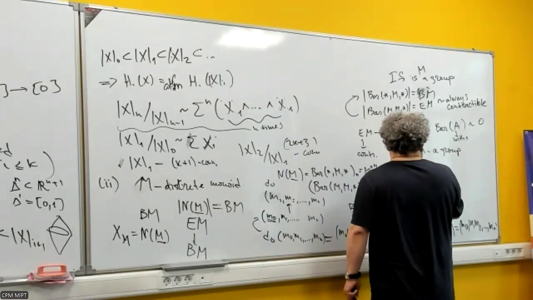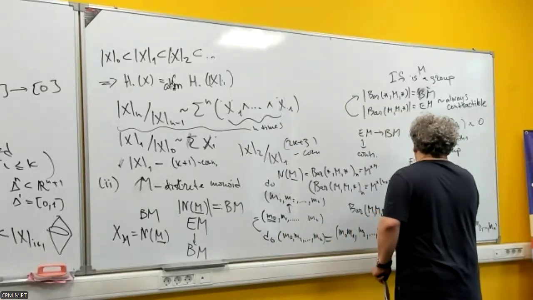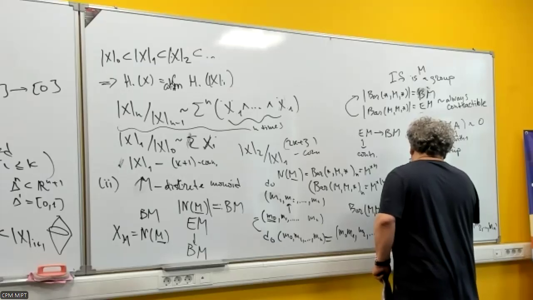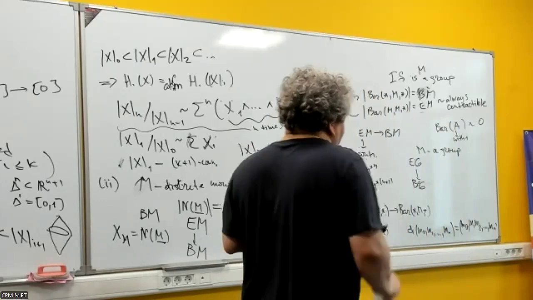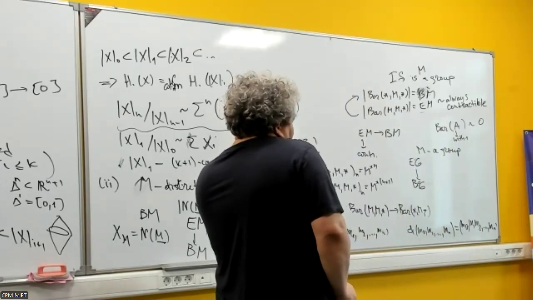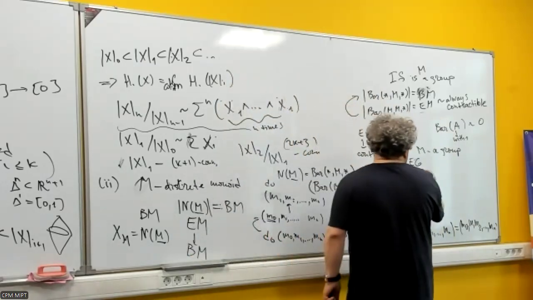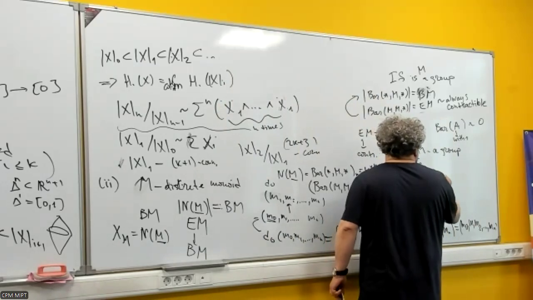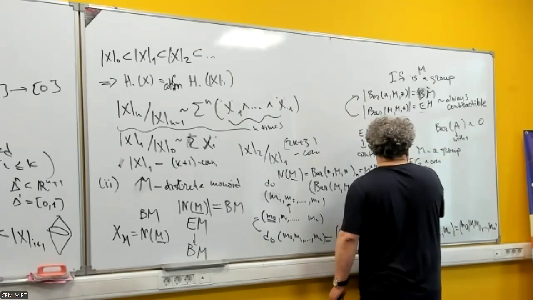EM to BM. There are many ways to prove it, but for a monoid it's not true that it's a fibration of any sort. So we have a Serre fibration for a group, and the total space is contractible, and the fiber is G.